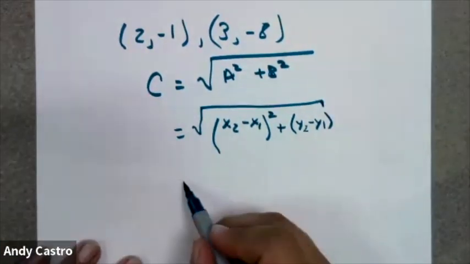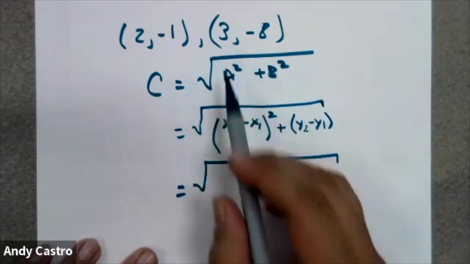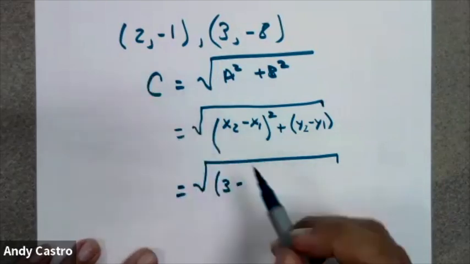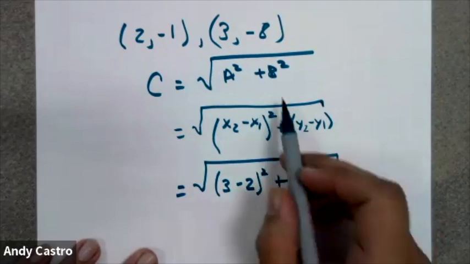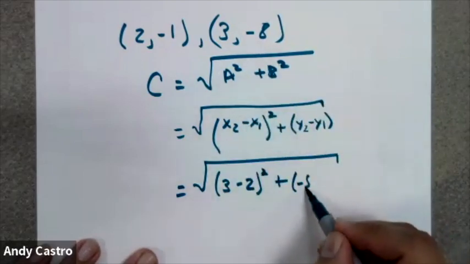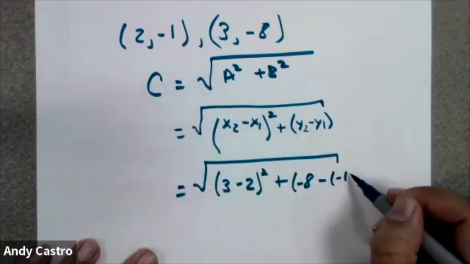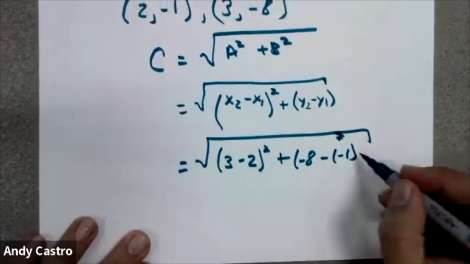Okay, so the square root of x2 is 3, minus x1 is 2, squared, plus y2 is -8, minus y1 is -1, and then that squared.